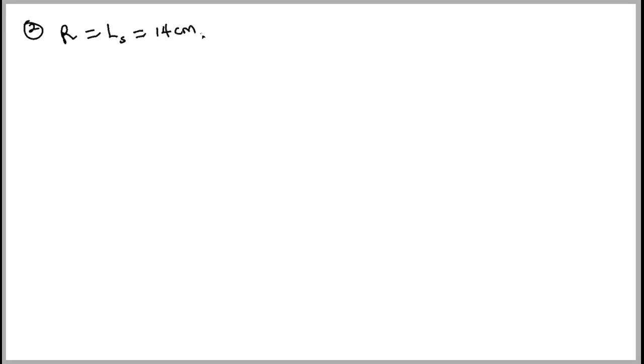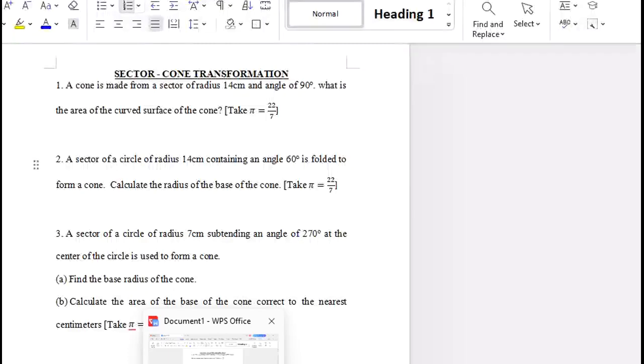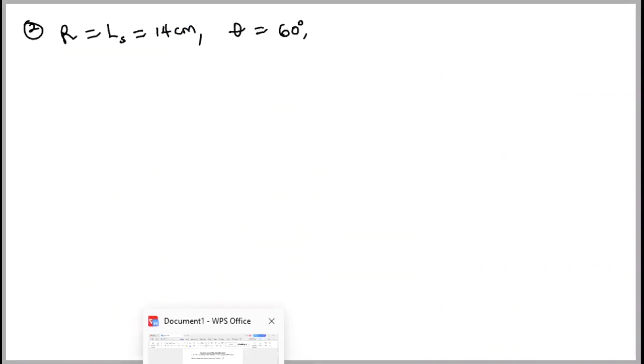We have another fact there: the angle of the sector, theta, is equal to 60 degrees, and we are asked to take pi as 22 over 7.